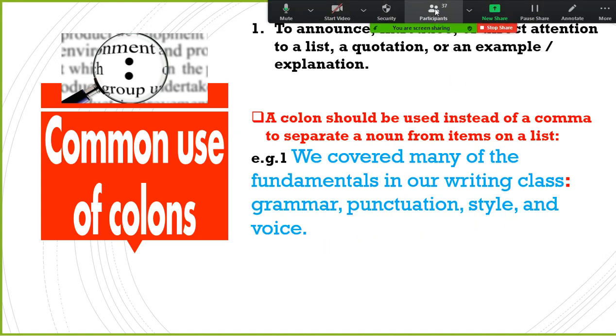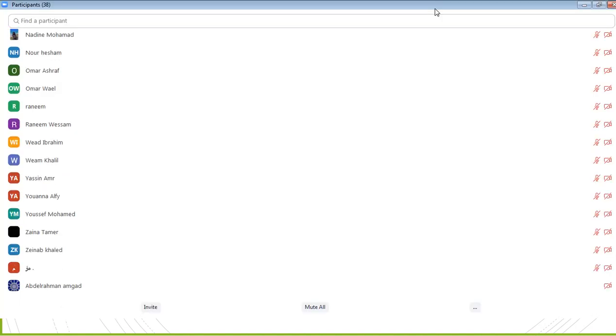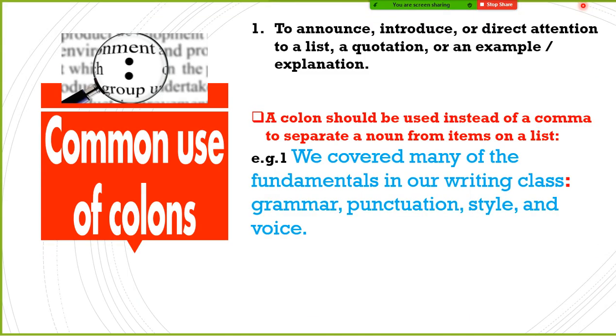Now, let's ask him. Yes, the sentence before the colon: is it a complete sentence or a dependent clause? Independent. This means that it's a complete sentence? Yes.